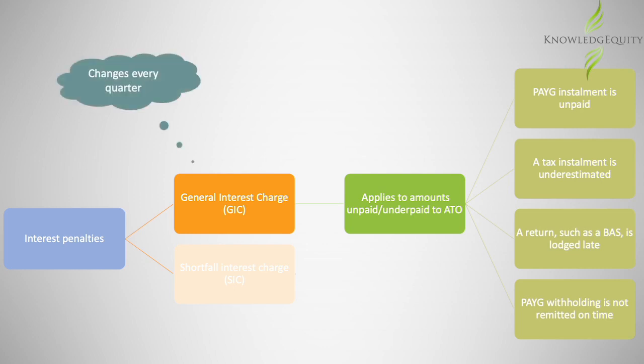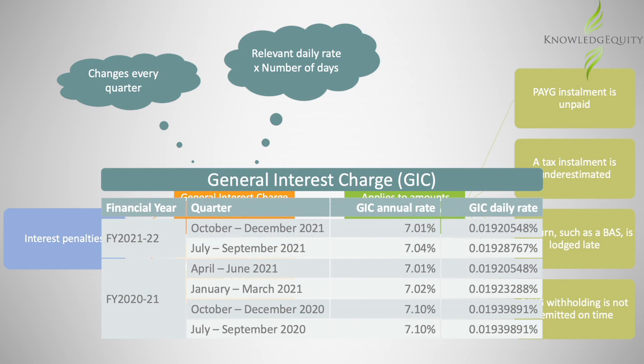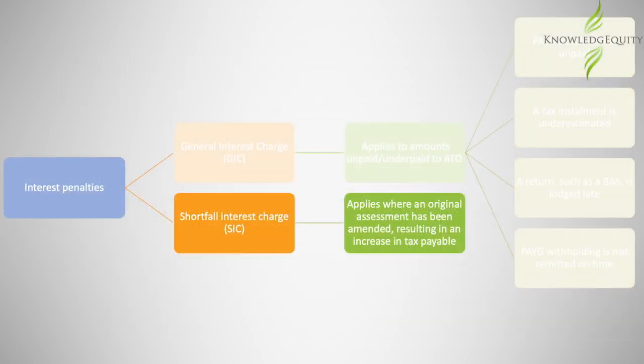The GIC rate of interest changes every quarter. To calculate the relevant amount of GIC, the relevant daily rate is applied to the number of days the payment is late. In some situations, the shortfall interest charge will apply. The SIC will apply where the original assessment amount has been increased due to an amended assessment.